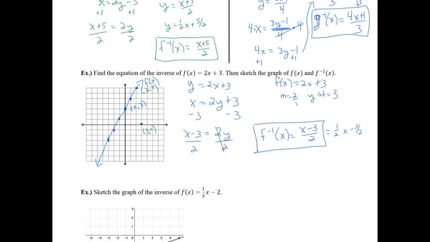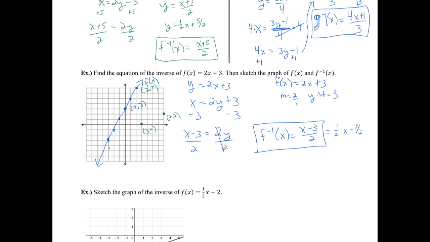My inverse graph would be 7, 2. So it becomes 7, 2. So all of these points are just switching the x's and y's.